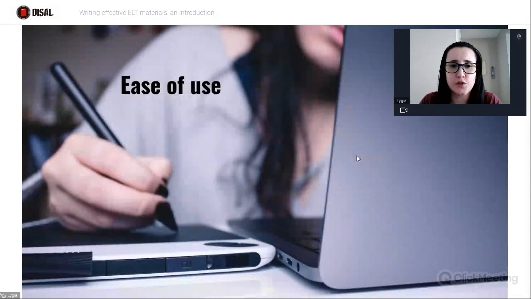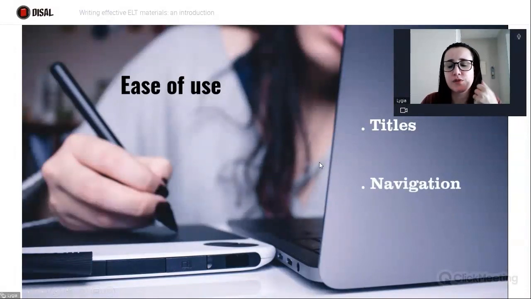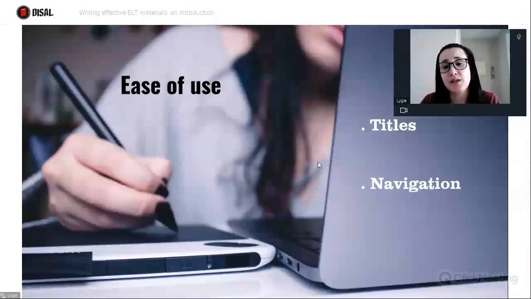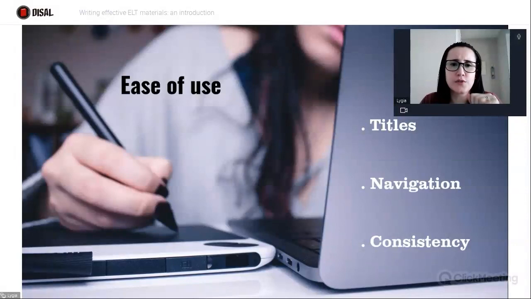Just for us to wrap up this point here, we've already addressed titles, navigation. There's something else that I'd like to bring up today, and it's consistency. Consistent materials are also much easier to follow.